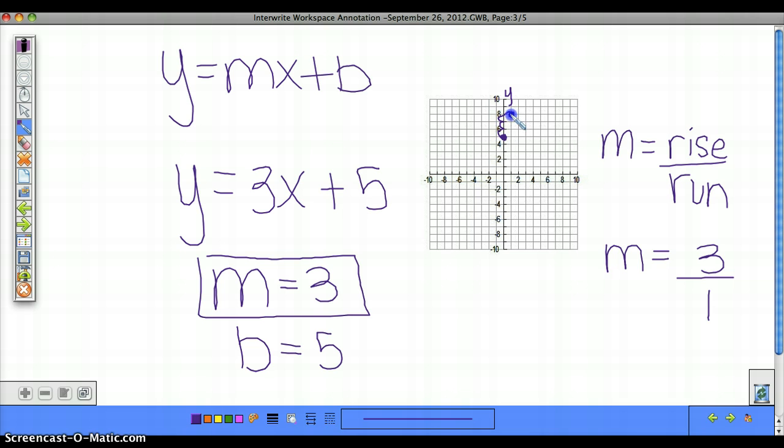My next point would be at 1, 8. Same thing again. If I were to go down 3 and over 1, I'm still following my slope. Now that I have my points, I can connect them and make my line. Actually, I'm going to connect my points like this.